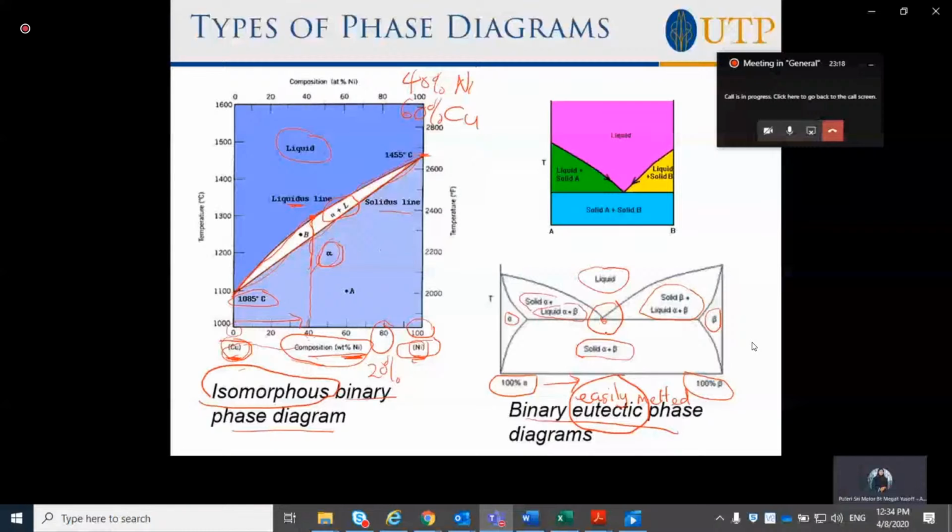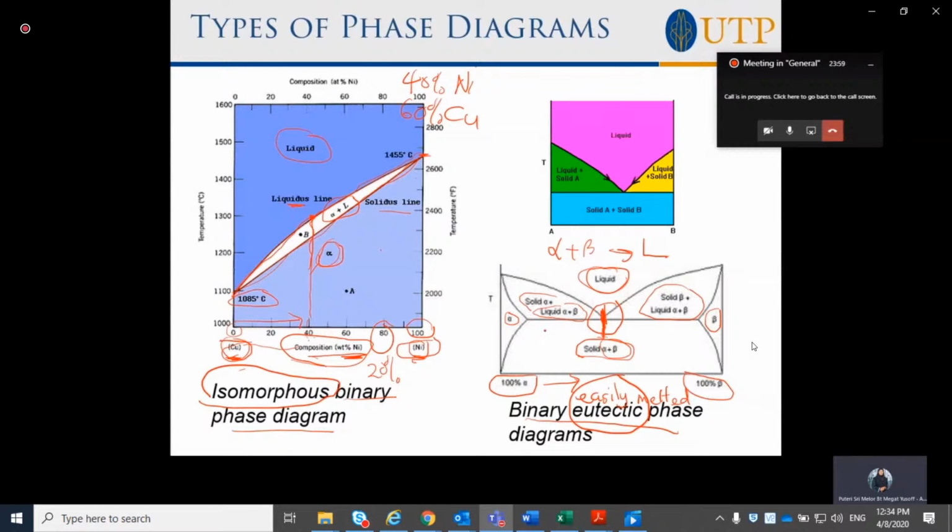Initially you are a solid, just solid alpha and beta. So the phases inside are alpha and beta. Reaching this point at this temperature, you are going to change the solid to 100% liquid just like that. There's no transition between alpha, beta, and liquid. It's totally alpha and beta changing into liquid.